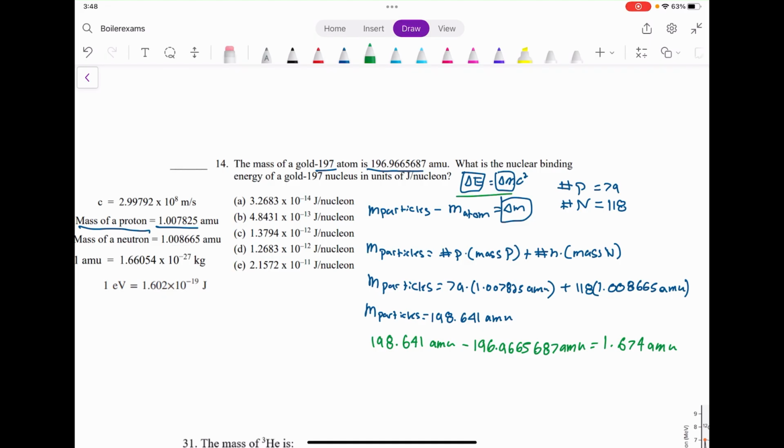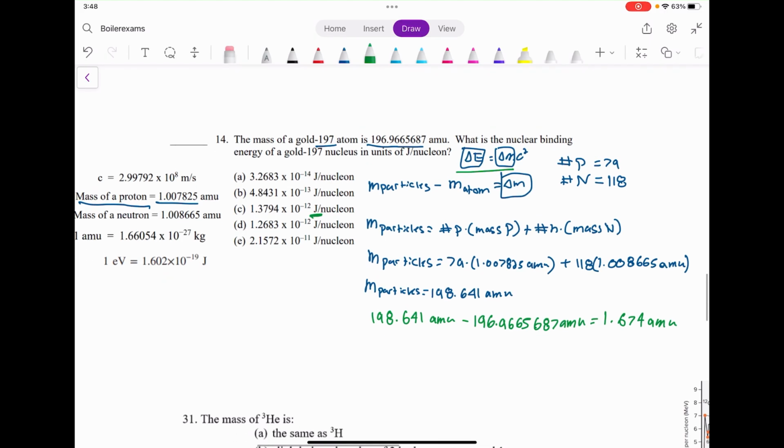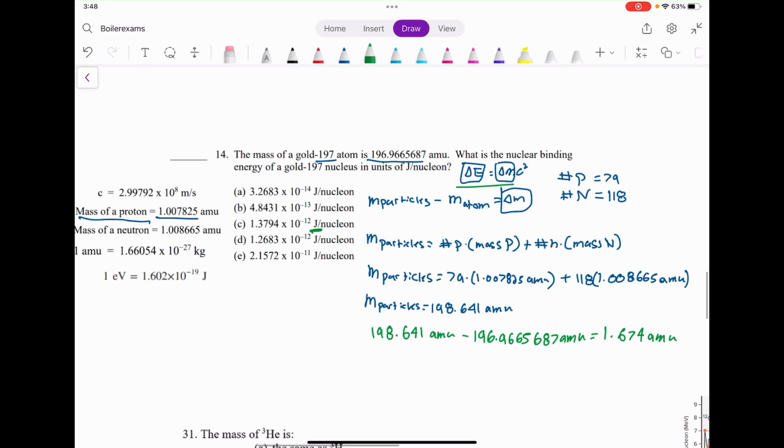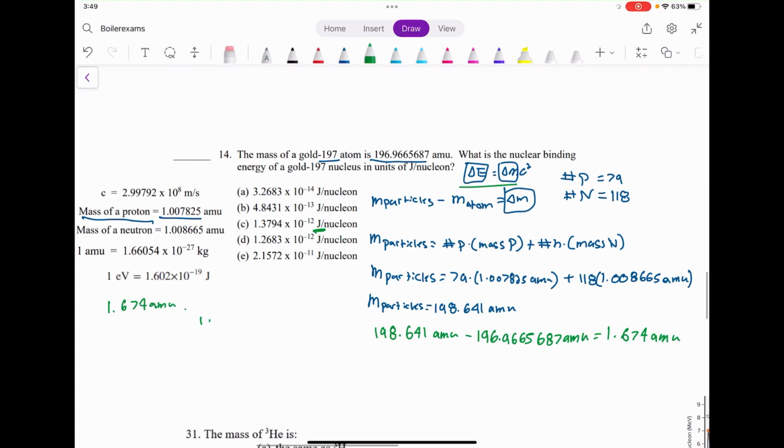When we plug into this equation, though, we are going to want to put stuff in SI units so that we get joules. So let's make AMUs into kilograms. So I'm going to go over to the left now. 1.674 AMU. And in 1 AMU, there is 1.66054 times 10 to the negative 27 kilograms. It's right here.